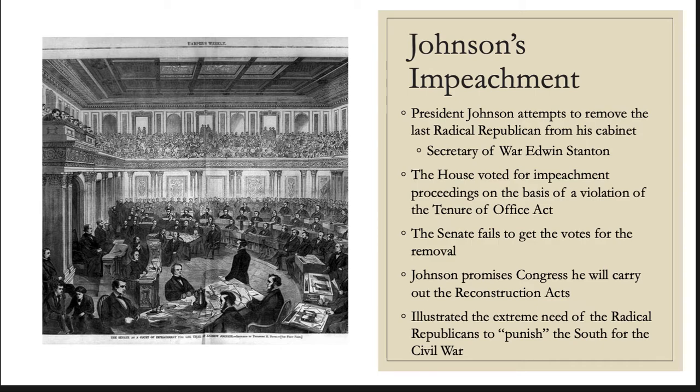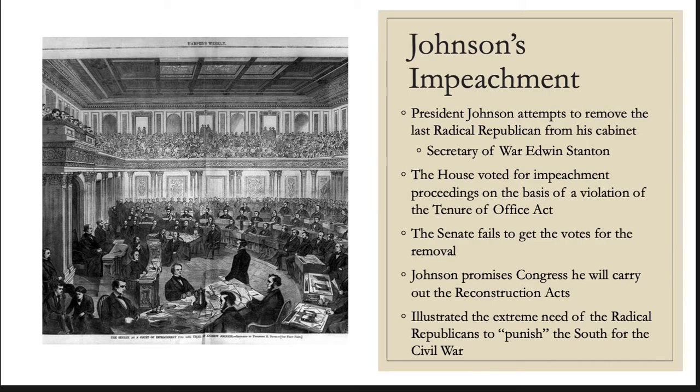So the House is going to vote for impeachment proceedings. Just like the Constitution says, impeachment starts with a vote from the House. And because Congress is run by the radical Republicans, the impeachment proceedings are set in motion. The Senate is going to try Johnson for impeachment, but they don't want to risk losing their stronghold, their foothold in what this could mean for the future.